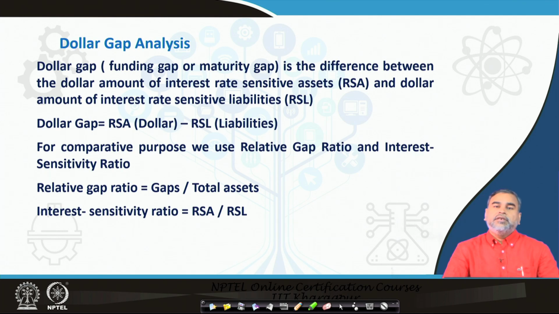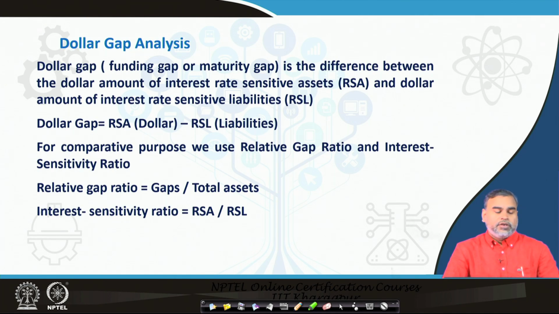Once it is normalized or standardized with respect to a common size measure, comparison is possible. So, there are two ratios we use when comparing among banks how much dollar gap a particular commercial bank has.